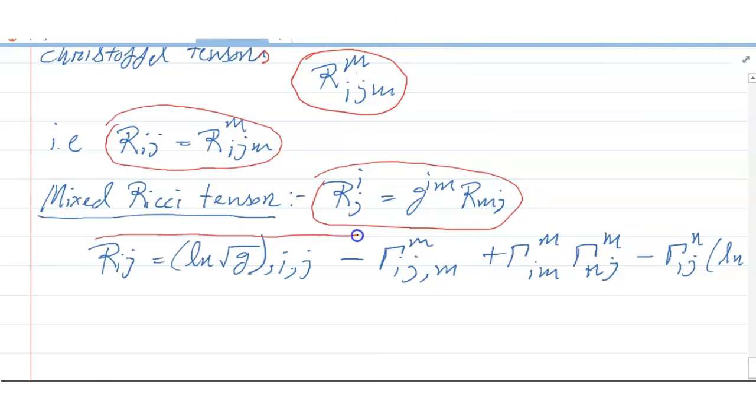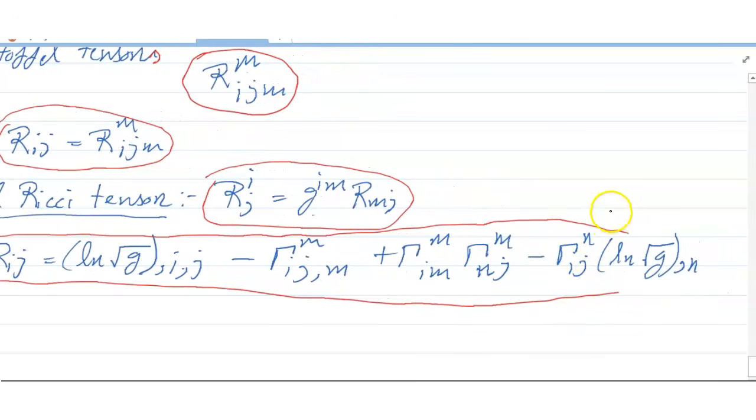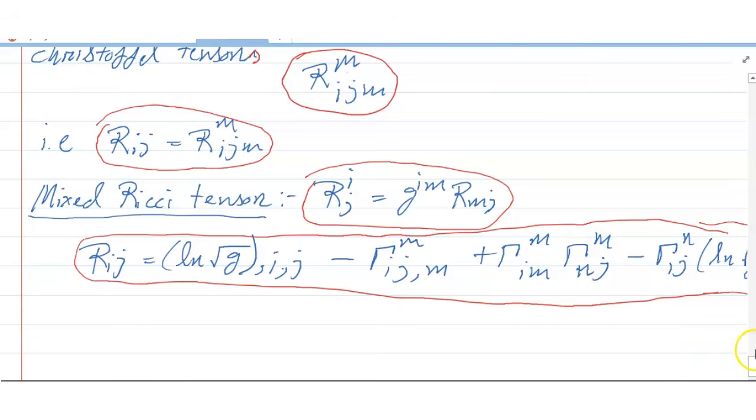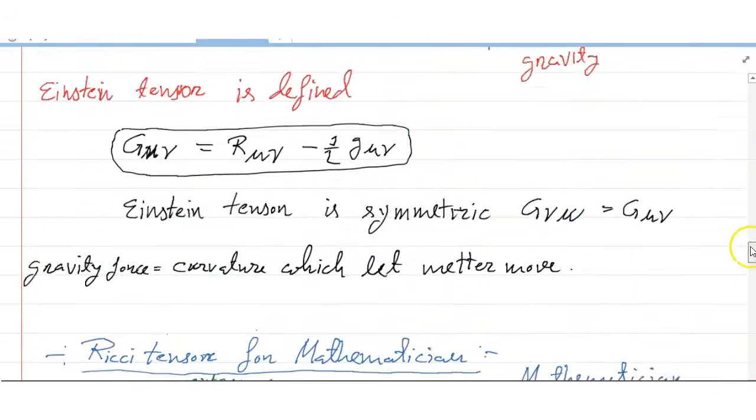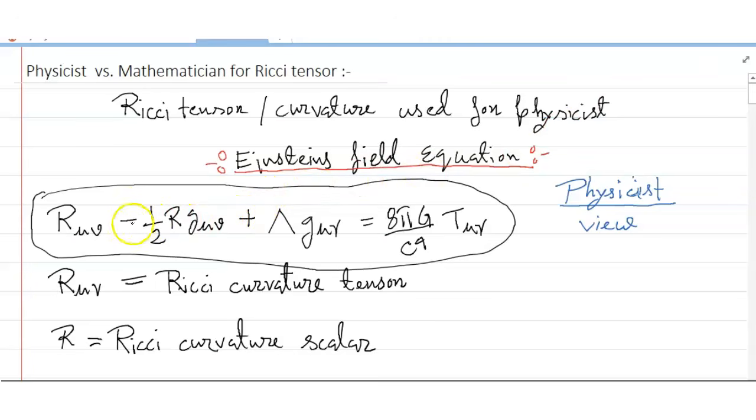And R_{ij} is equal to the ln root over g, i comma j, minus gamma ln root g, j comma n. So friends, we have learned the Ricci theorem and Ricci tensor in the mathematical view, and you will see that this is my Ricci tensor.